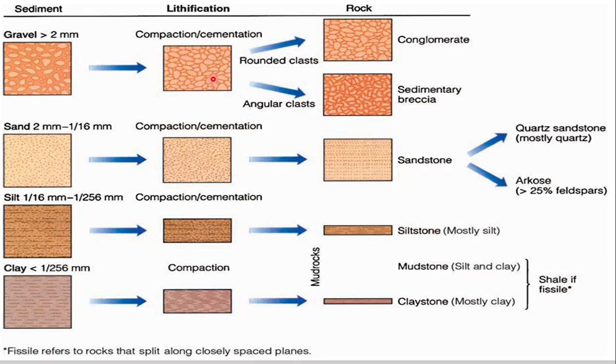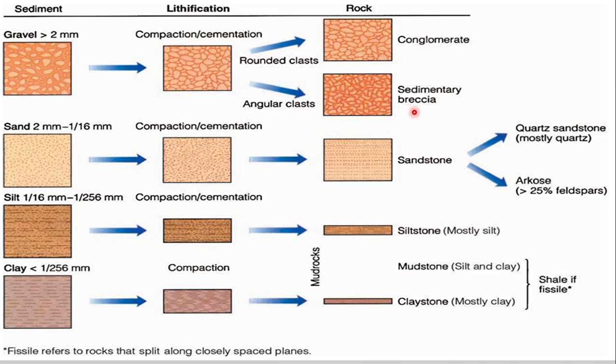If the gravel size particles are rounded, then this detrital rock is known as conglomerate, because particles are rounded. If the gravel size particles are not rounded, all particles are angular, then this type of clastic sedimentary rock is known as sedimentary breccia.